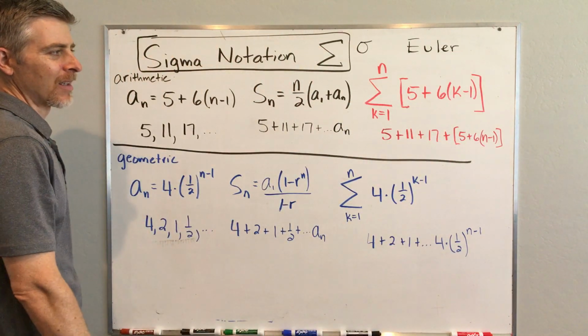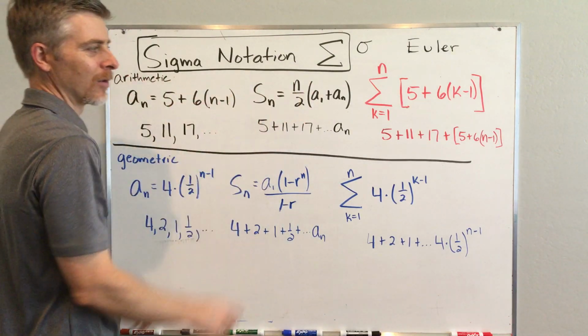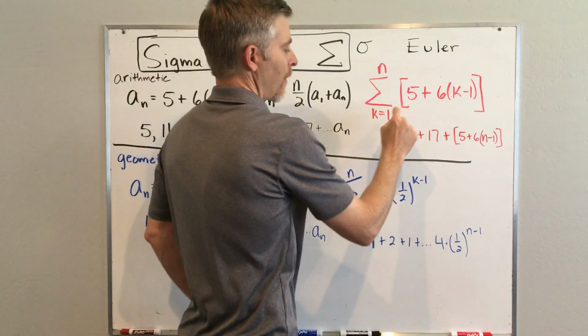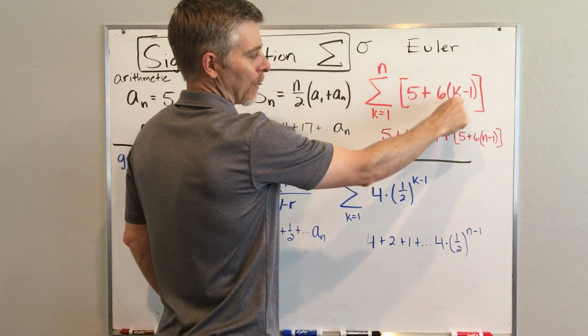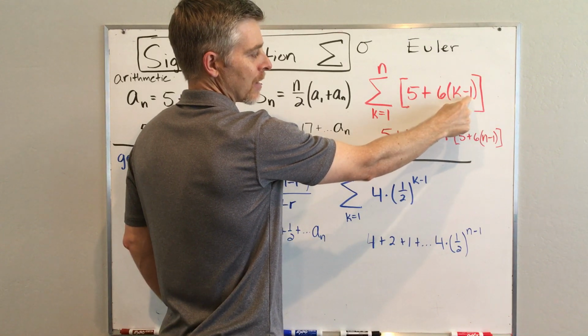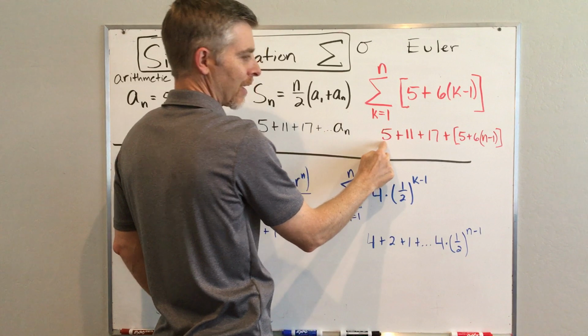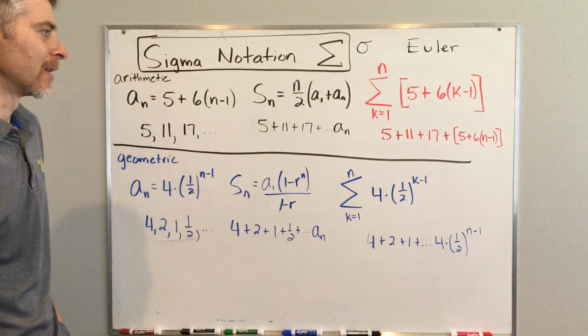That's the power of sigma notation. It combines the two formulas. So this will tell me to start by plugging in 1 for k. Well, 1 minus 1 is 0, 6 times 0 is 0, 5 plus 0 is 5. That gives me the first term in the sequence.